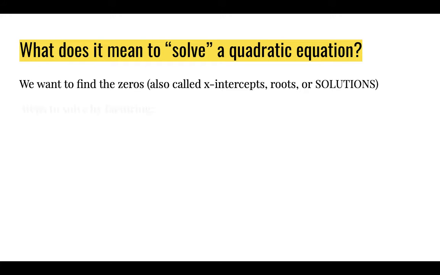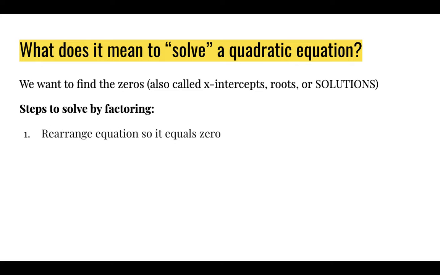And the steps are this. If we're going to solve it by factoring, next lesson we're going to do it a different way. To solve an equation by factoring, we need to rearrange the equation so that it equals zero. So everything needs to be on one side and zero needs to be on the other.